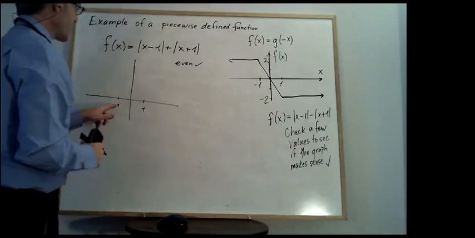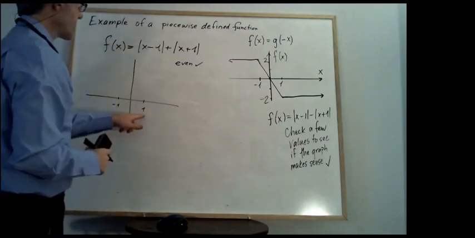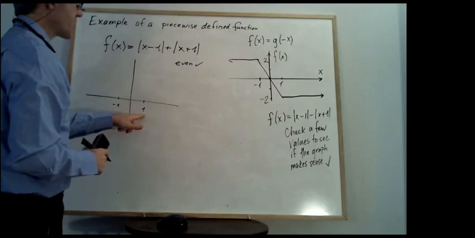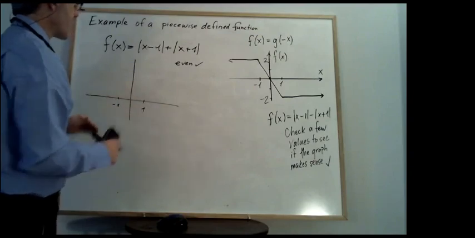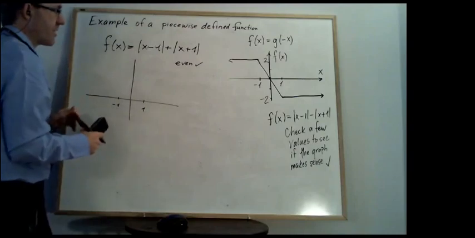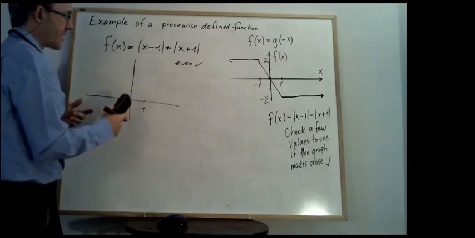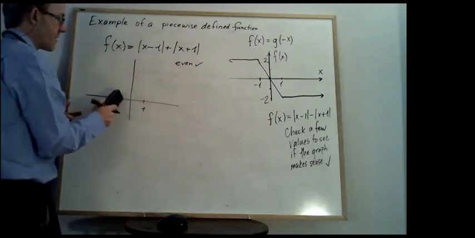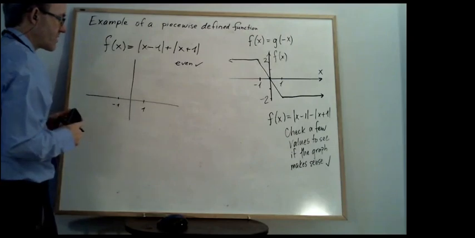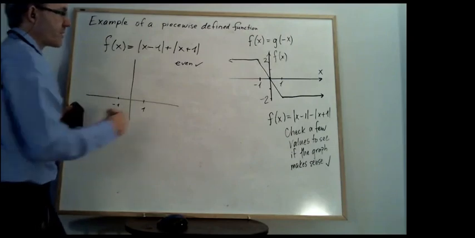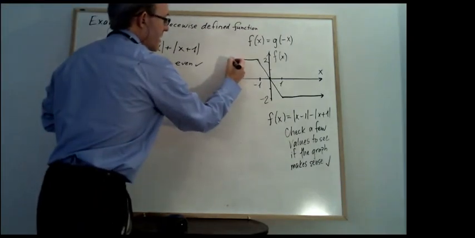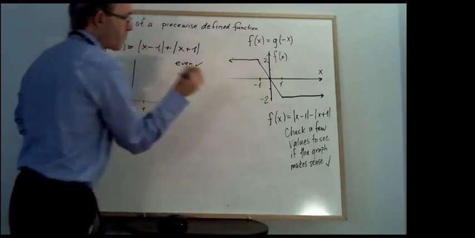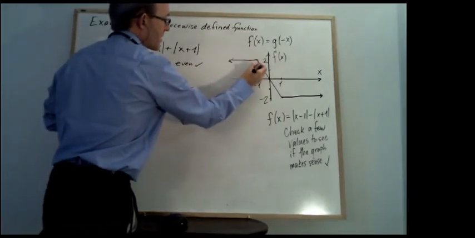You'll have at x equals minus 1 and x equals plus 1, you'll get a change in the slope. So you get 3 straight lines, and they'll be connected at these points minus 1 and 1. In other words, connected means that you don't have to lift your pen from the page to draw the lines.